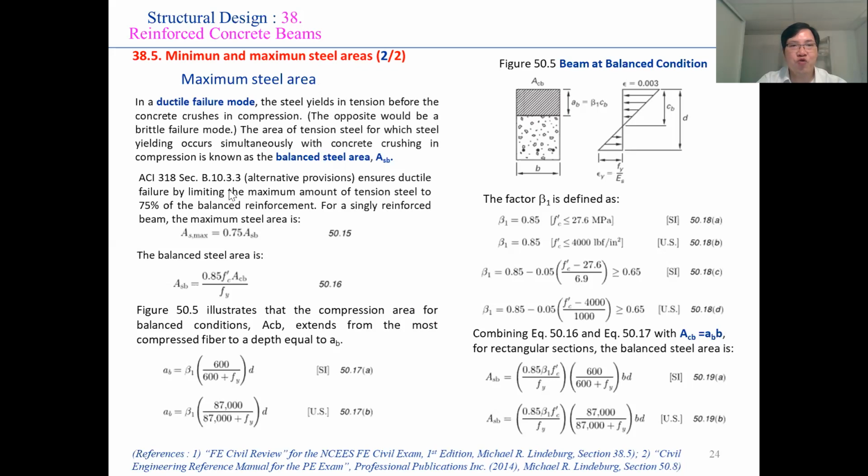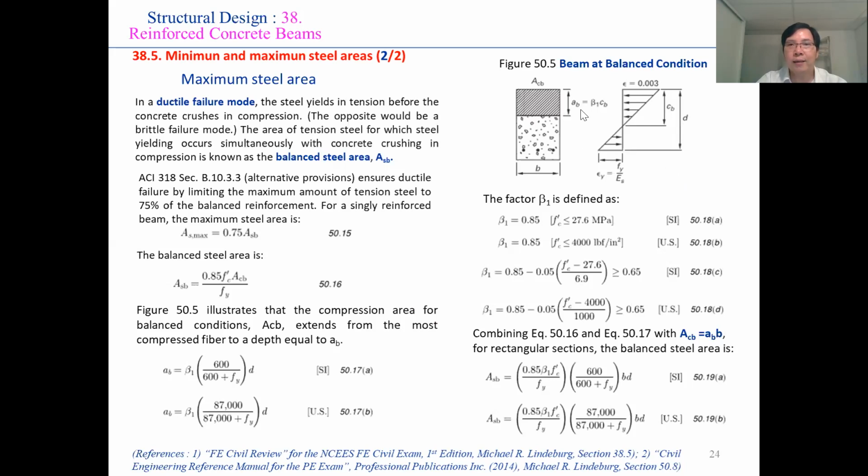I show you in this slide some steps for calculating different sections of steel. You can see here the different equations for calculating the maximum steel area, and the figure that I show you on the right of this slide shows the beam at balanced condition.